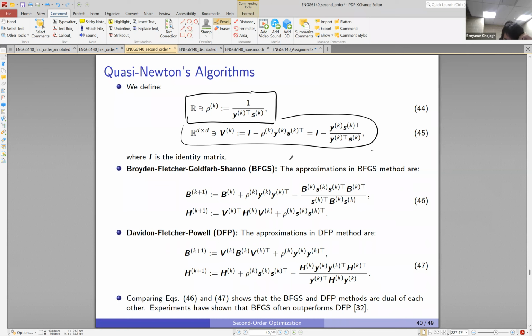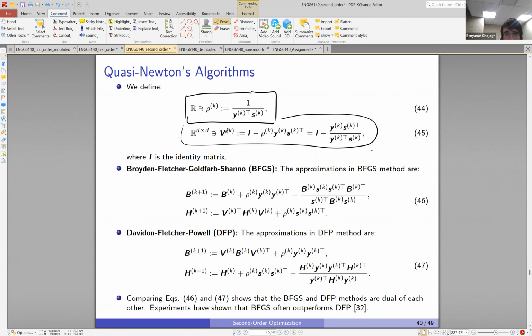These are vectors, so a vector times a vector transpose is a matrix. This is also an identity matrix, a D by D matrix. You can write it this way by substituting rho into this equation. You will have this.